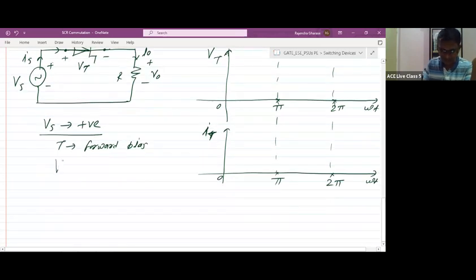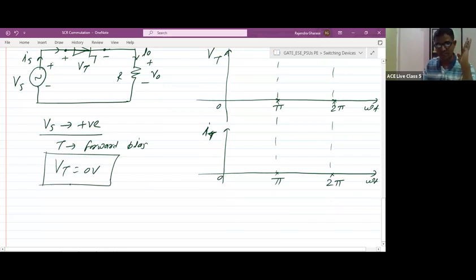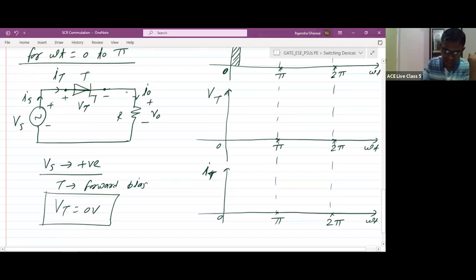Let me first write VT equal to 0 volt, because the thyristor is acting as a short circuit. Here I am neglecting the on state voltage drop of the SCR. So VT is equal to 0 volt, and the current is flowing from the source towards the load. Can we apply KVL to this loop?